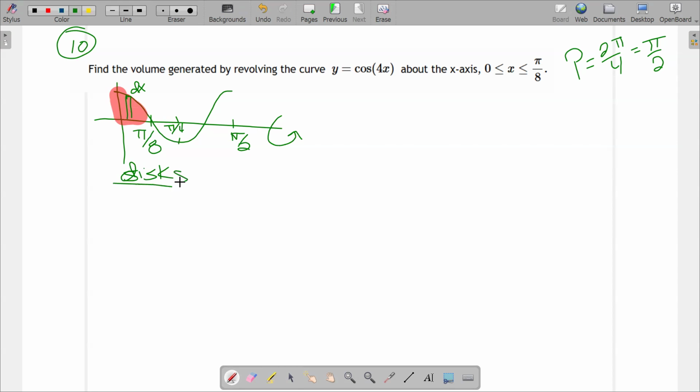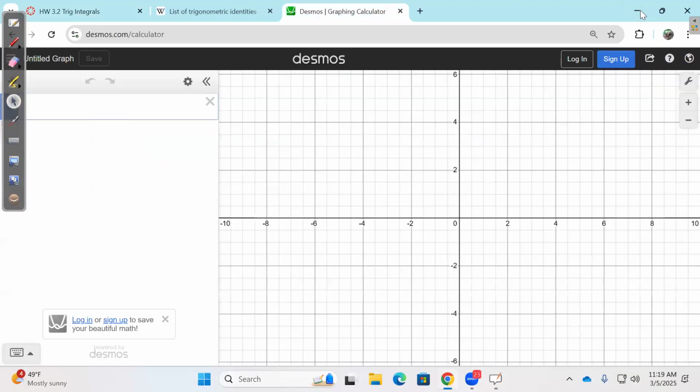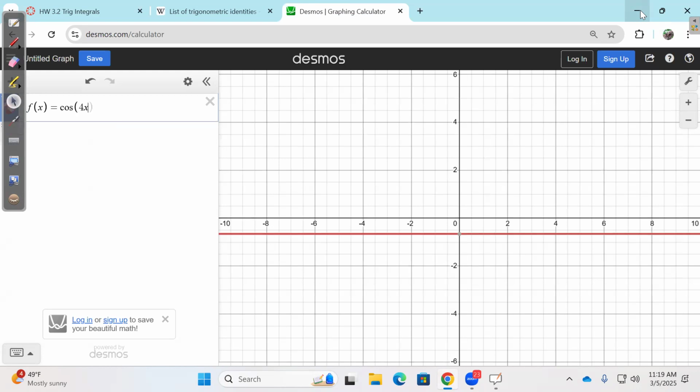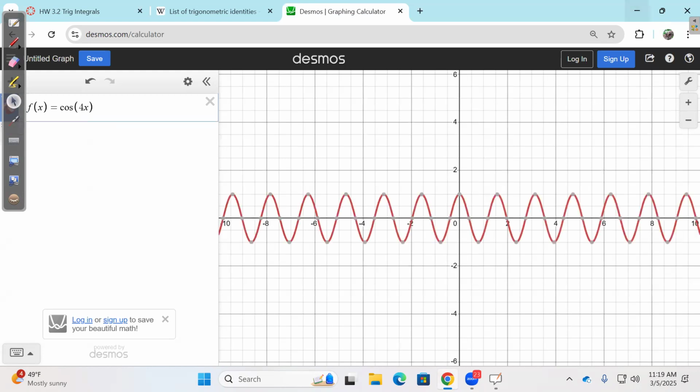I've double checked that I got that graph right in Desmos. So we'll call this f of x equals cosine of 4x. And we want to go over to x equals pi over 8.